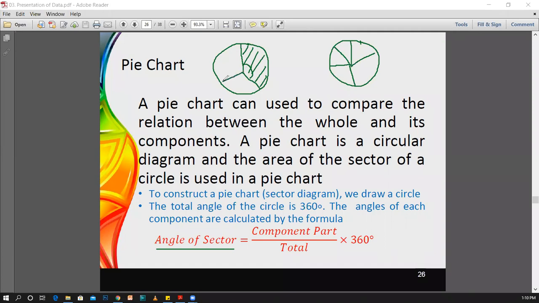Once you mark the angle, you get the sector in this way. Then you can mark the next level of the category in this form.